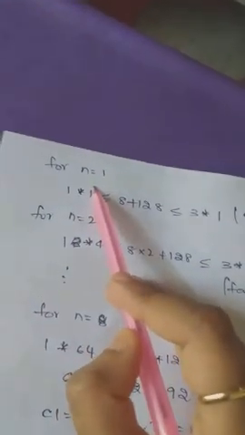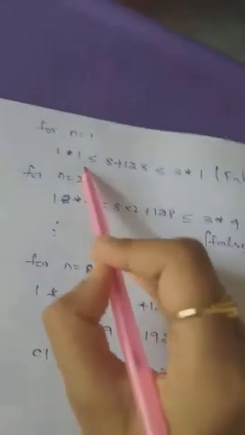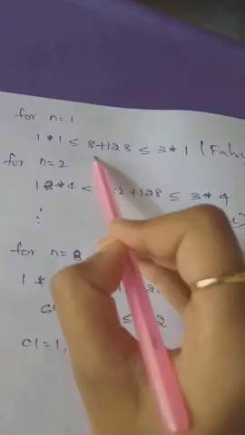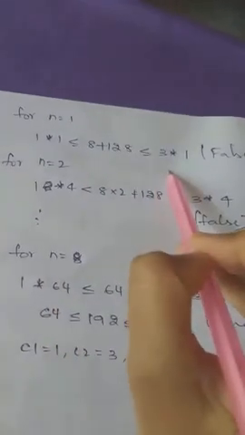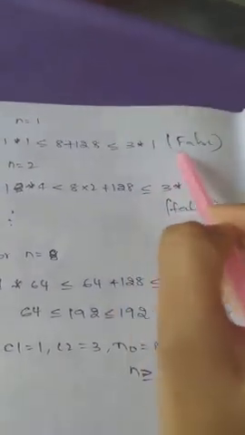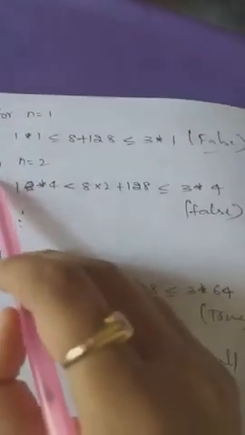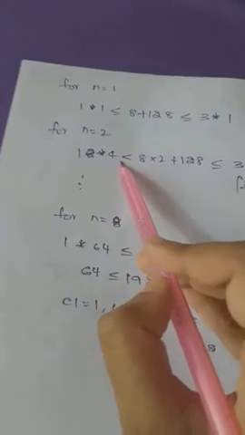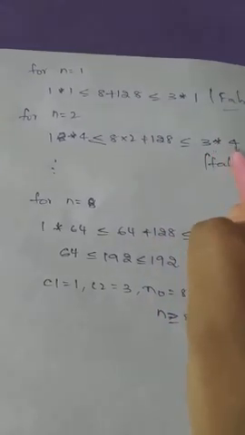So we have to substitute the values. Initially for n is equals to 1, 1 less than or equals to 8 plus 128 less than or equals to 3 into 1. The condition is false. For n is equals to 2, 1 into 4 less than or equals to 8 into 2 plus 128 less than or equals to 3 into 4.